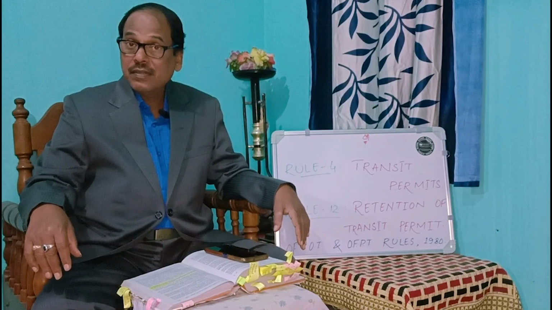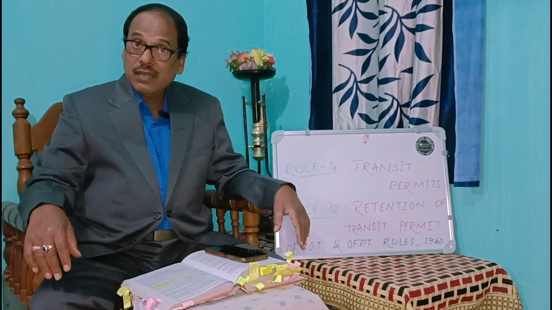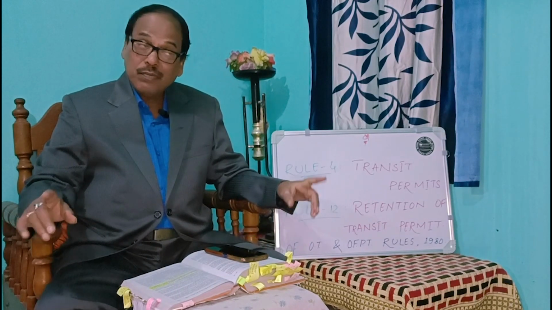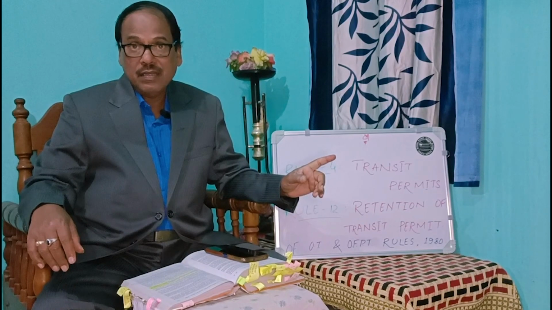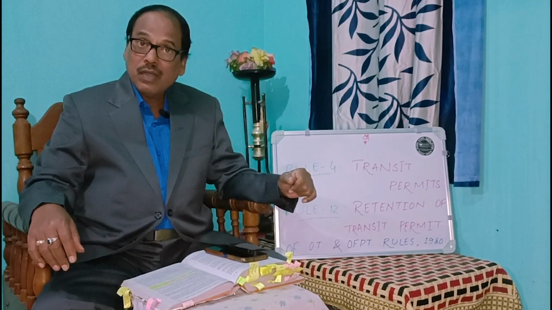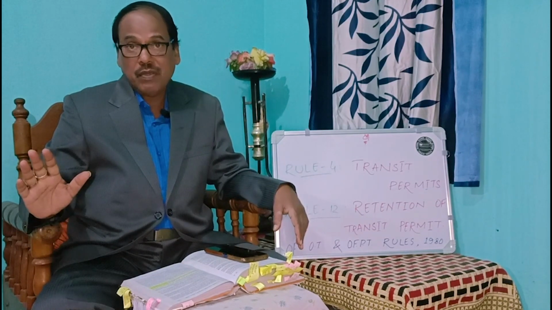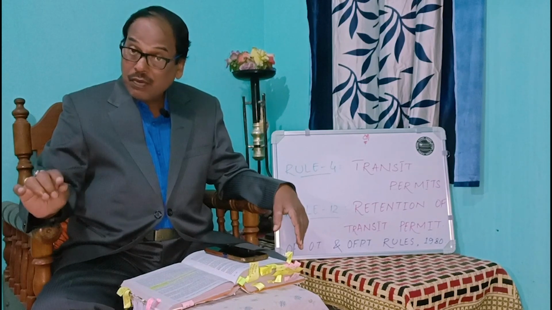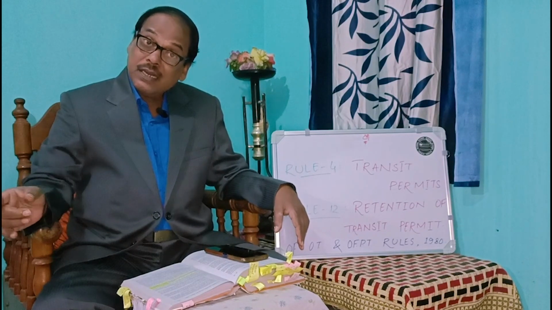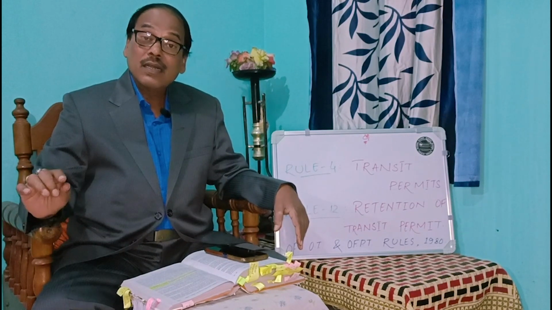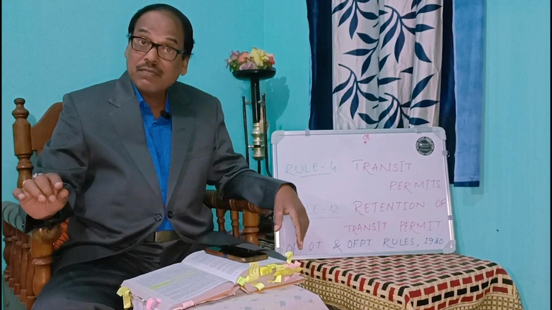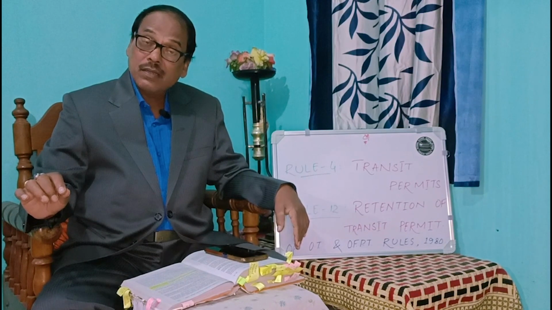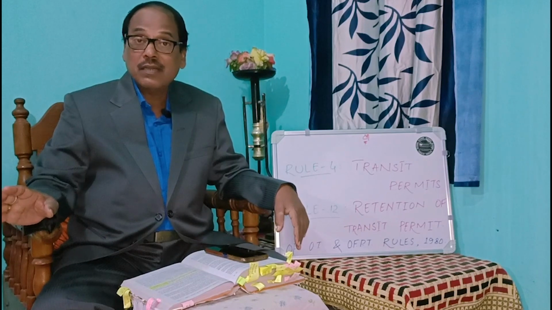That means that person has purchased that 20 CFT from that government depot, and those have been transferred as per permit. And that permit must be retained by that person till that balance 20 CFT timber is used 100% or fully.